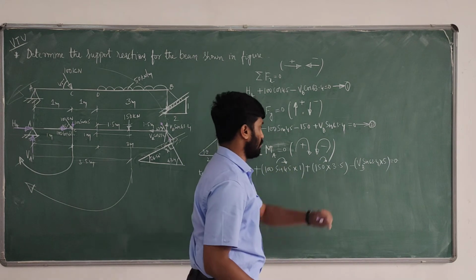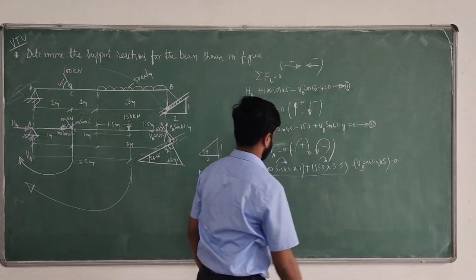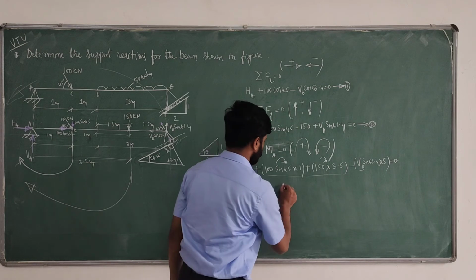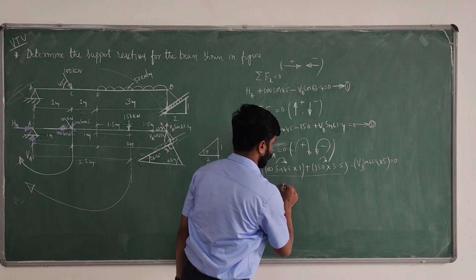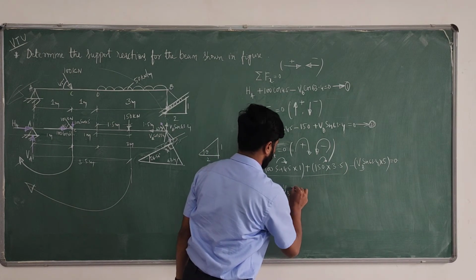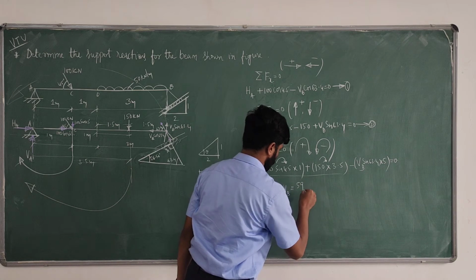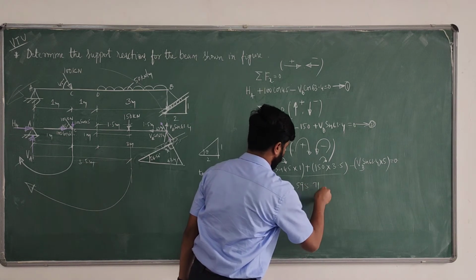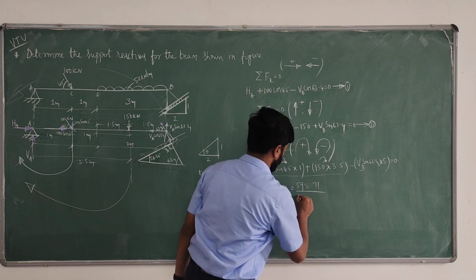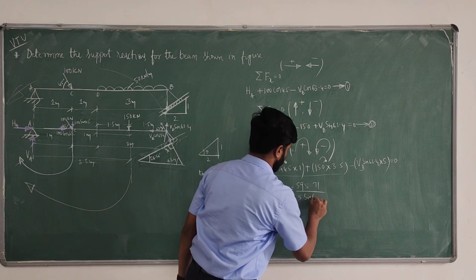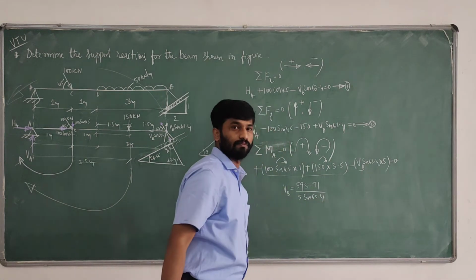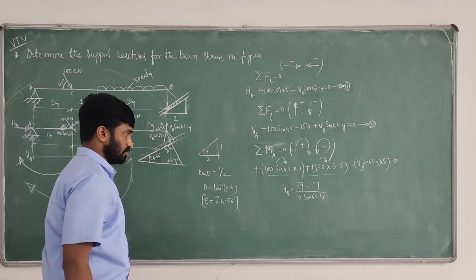So now compute the VB value. What is this total? 595.71. So VB equals 595.71 divided by 5 sin 63.4.